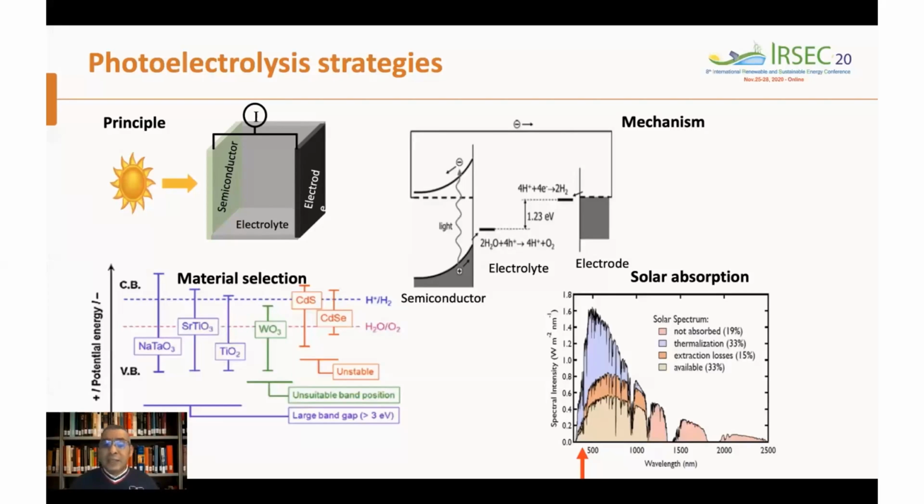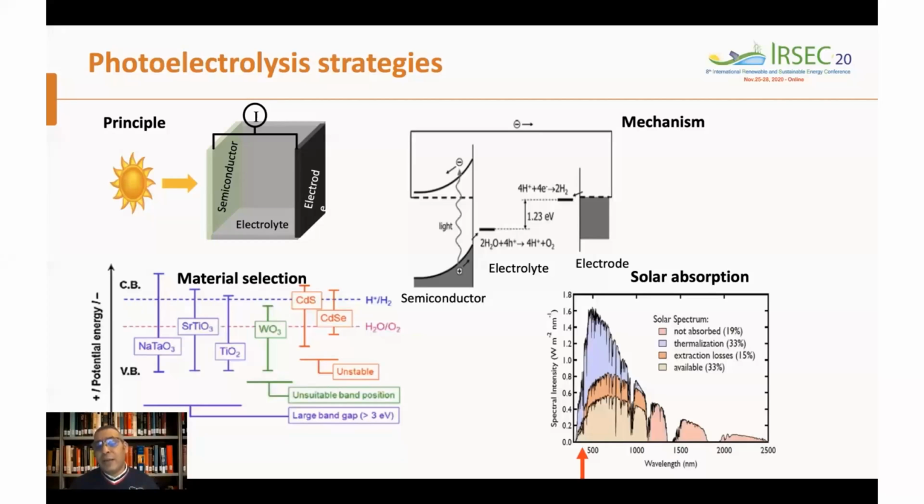Another problem: even if we collect light, most of it, as you see here in blue in the solar absorption, if we don't put any enhancing catalytic metal, will be converted to phonons, making thermalization, and most of it will be completely lost. It's almost 30% of the visible light absorption.